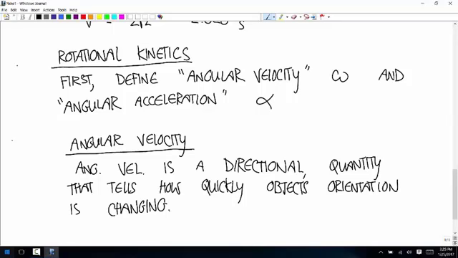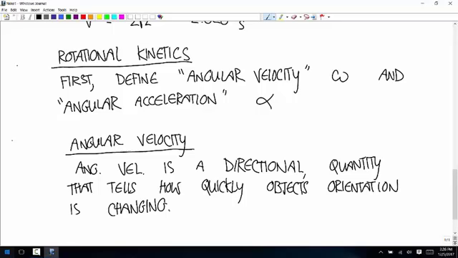Before, when we were talking about circular motion, we were talking about a particle doing this. We didn't care about the orientation, turning or not turning, changing orientation or not. If you think of my location as a point, that point is going around in a circle.